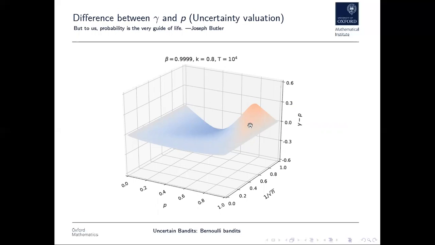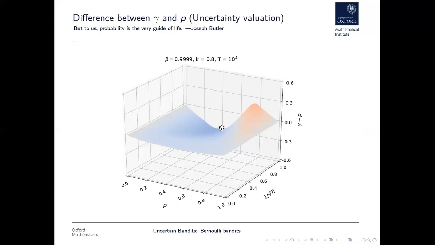You can see that when 1 over root n gets close to 0, when you become certain about your estimate, the curve becomes flat. So the index is basically the estimated probability. However, when you have a small number of observations, you could see a mixture of both behaviors. You could be either optimistic or pessimistic.